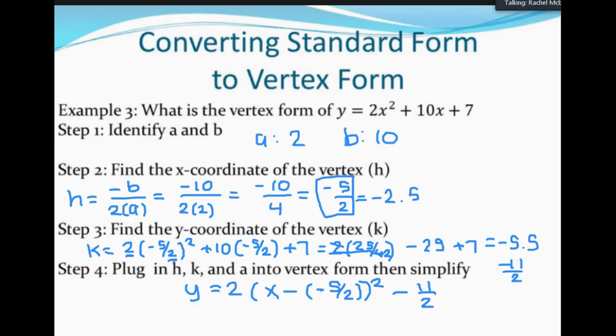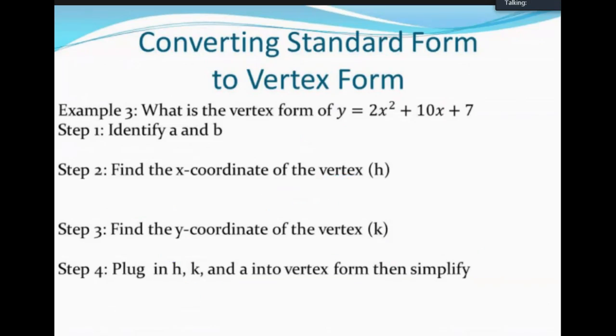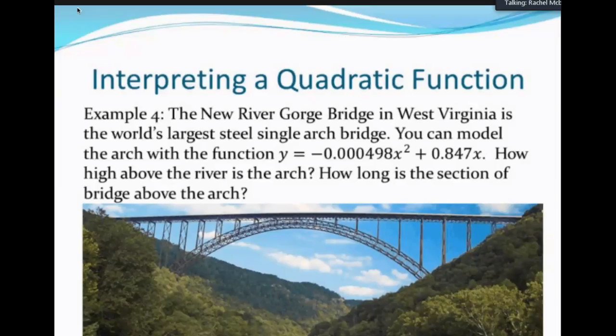On the back, we're going to look at a word problem because I know how much you guys love word problems. So we can also interpret a quadratic function. So we have the New River Gorge Bridge in West Virginia. This is actually the largest steel arch bridge in the world.